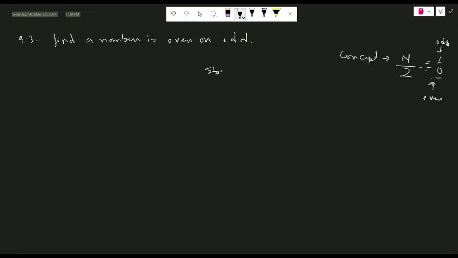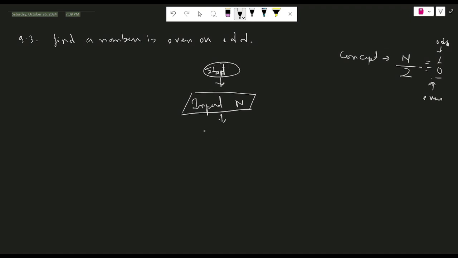So let's start. Next, input. Here we need to input only one number, so we'll write input n.